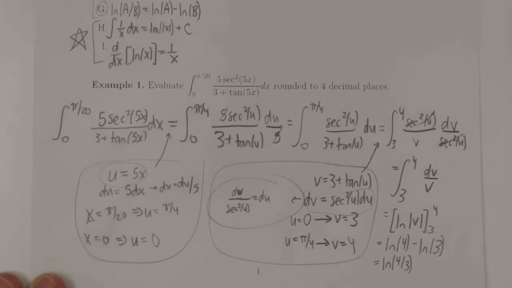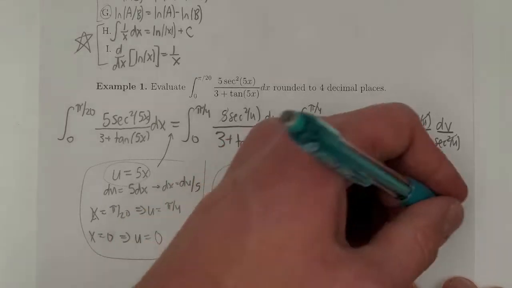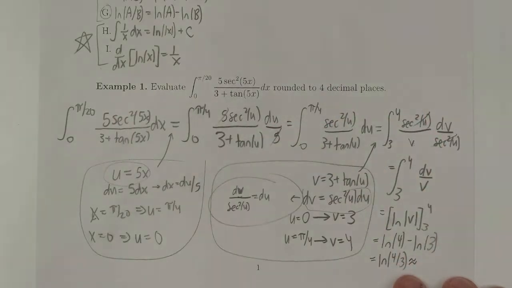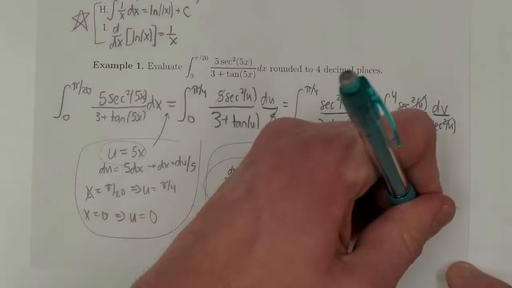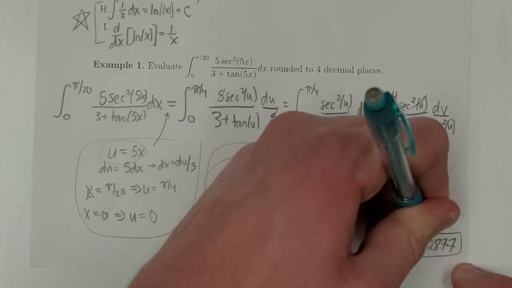So in terms of exact values, this could be another way to represent your answer. Okay. So there's that. And then if you put this into a calculator, you should be able to pretty quickly get 0.2877. Okay?